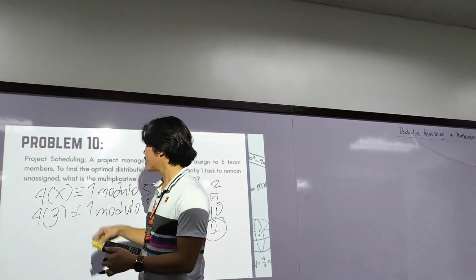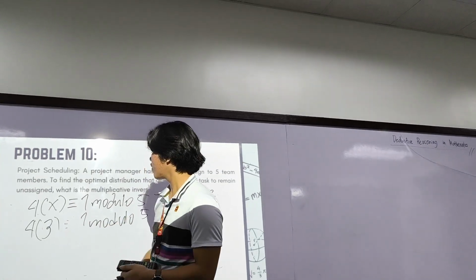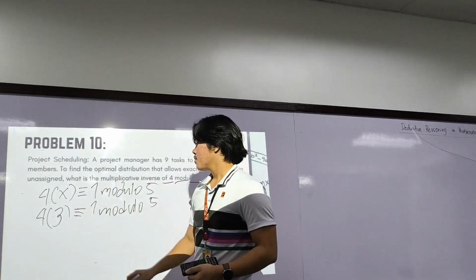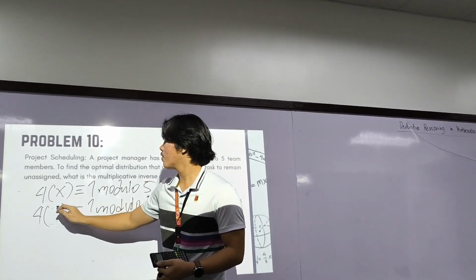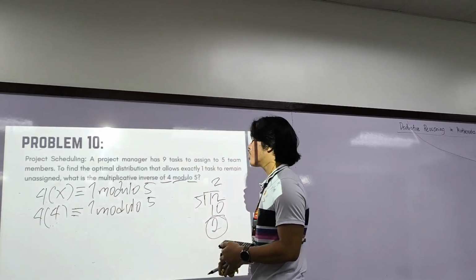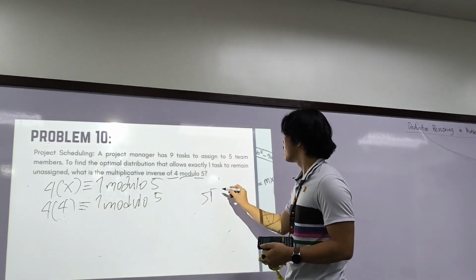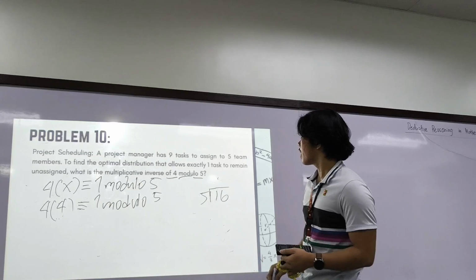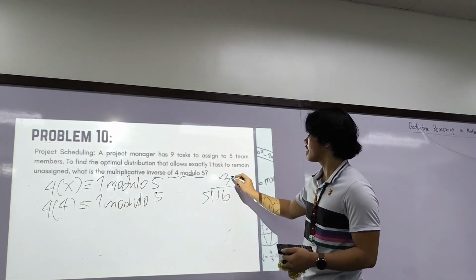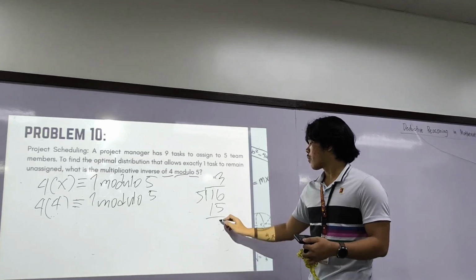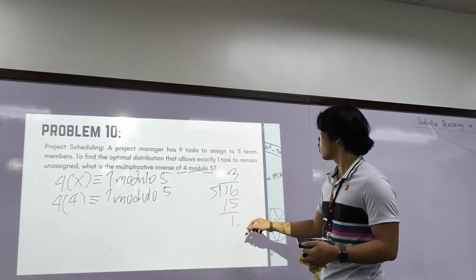So let's proceed to another number and find the multiplicative inverse of 4 modulo 5. The next number is 4. 4 times 4 is equal to 16. 16 divided by 5, we have 3. And 3 times 5 is 15. When we subtract it, we have the value 1.